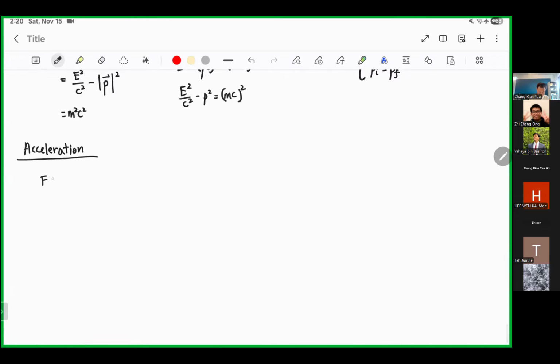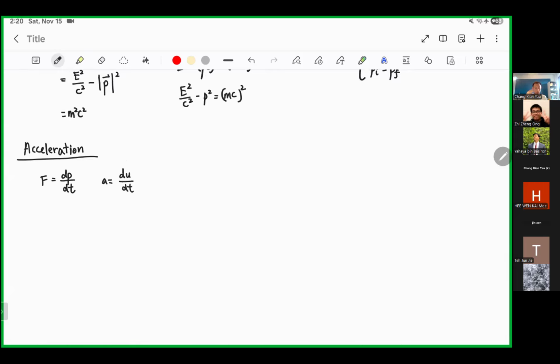We want F to be dp/dt, and we want the acceleration to be du/dt. This is how we want to define them.